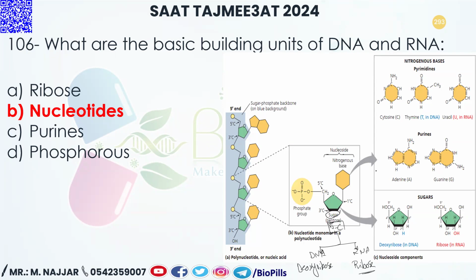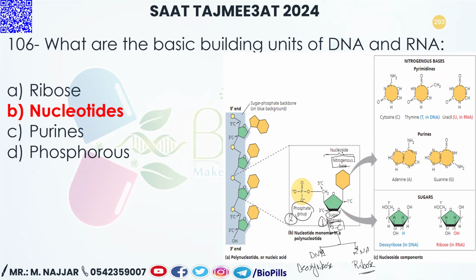Also, we're going to find that there is a phosphate group. So number one, we have sugar. Number two, phosphate group. Number three, we have a nitrogen-containing base, or a nitrogenous base.